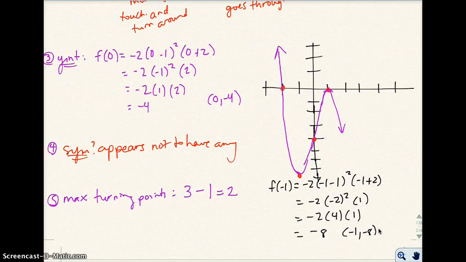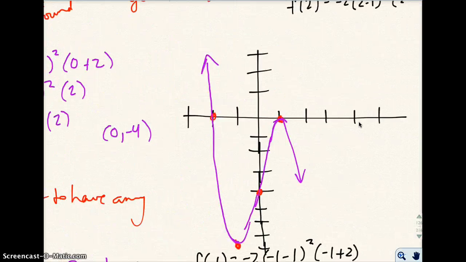Okay, and if I really want to, I can figure out what f of 2 was to kind of figure out what's going on this side. And again, the more points you do, the more likely your graph is going to look better or more accurate. So I have -2 times (2 minus 1) squared times (2 plus 2).